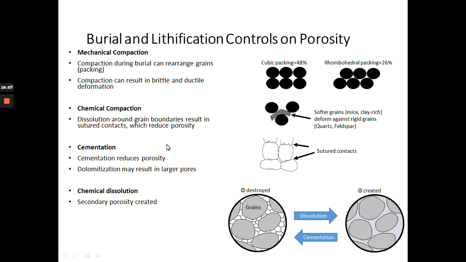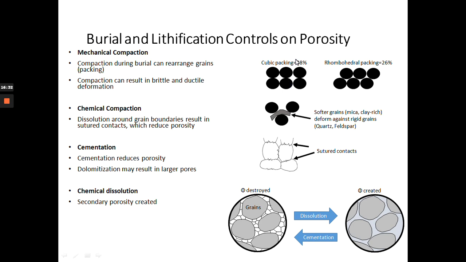Now let's look at the effect of burial and lithification on porosity. Now we talked about this already. Mechanical compaction affects porosity. Compaction during burial can result in rearranging of the grains. So you get different packing of the grains, right?